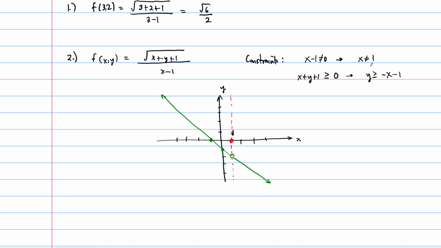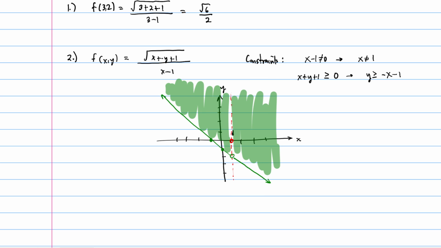And then we are allowed to have some more points, right? So all the points for which the y value lies above this line in the vertical y direction. So all the points that lie up here are in our domain, again, except for the points that lie on the vertical line x equals 1.